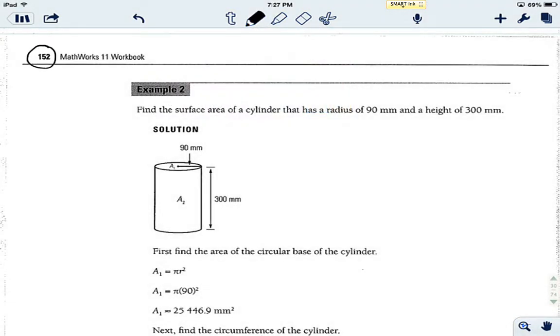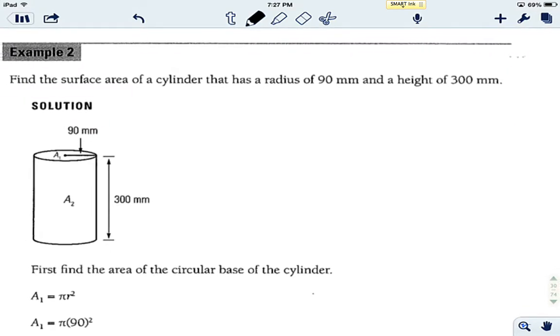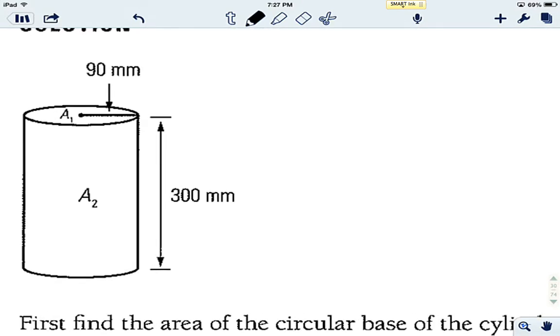It says find the surface area of a cylinder that has a radius of 90 millimeters and a height of 300 millimeters. I know the answer is below it, but we're going to ignore it, and I want to show you how we can get to our own answer. Take a look at this cylinder.